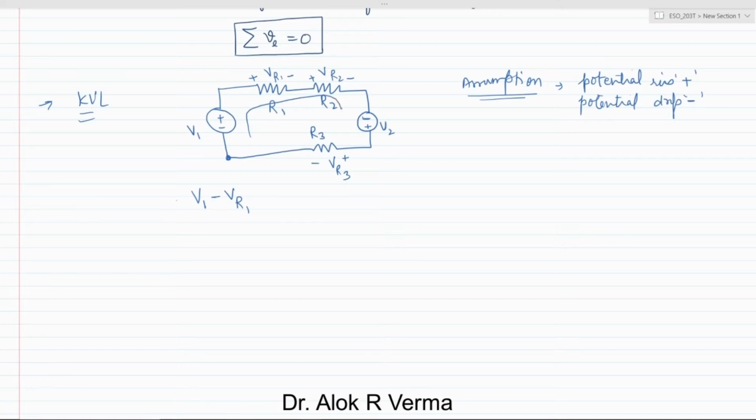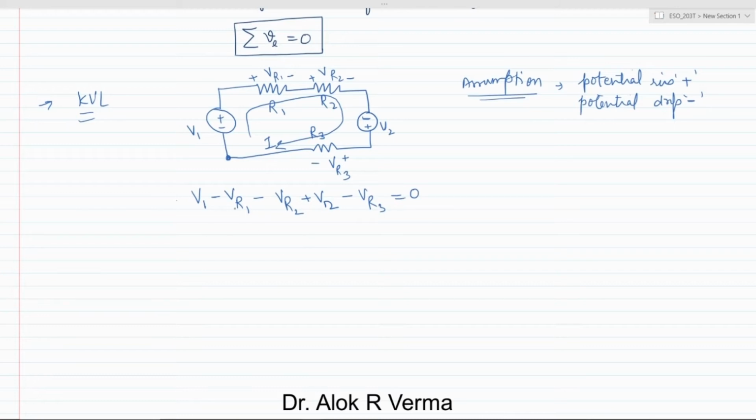so we assume that the direction of current is this. This is nothing but I. So VR1, then again we have a drop of VR2. Then in the direction of current we have a rise in potential by V2. Then it is a drop of VR3. It is equal to 0.